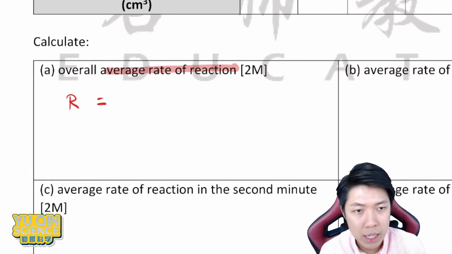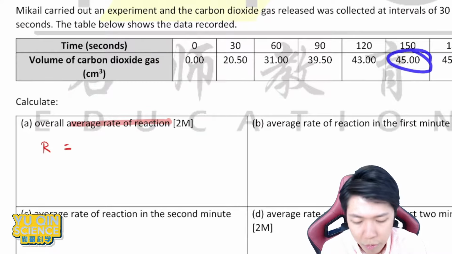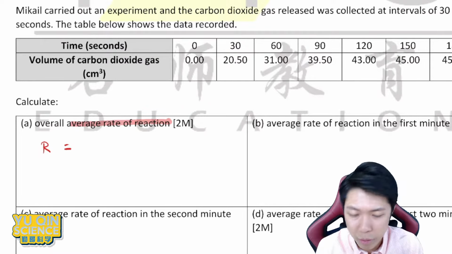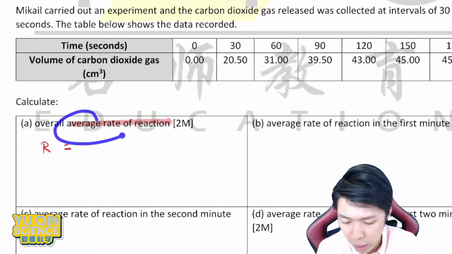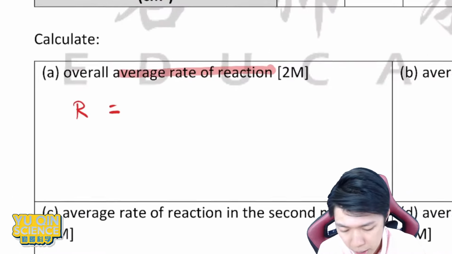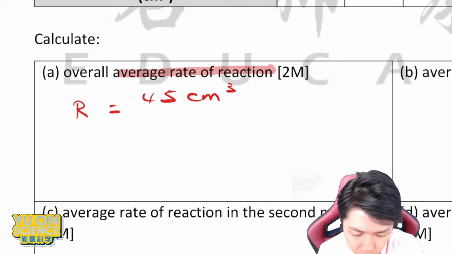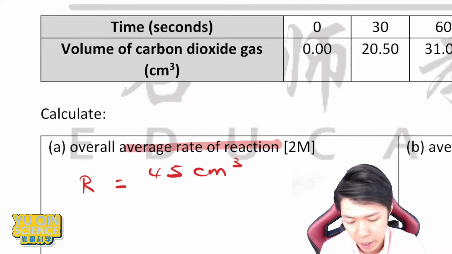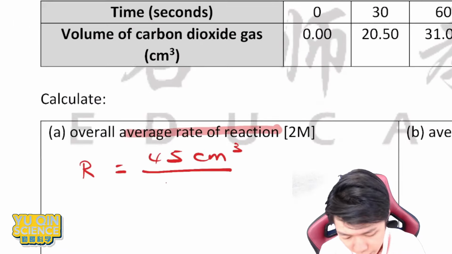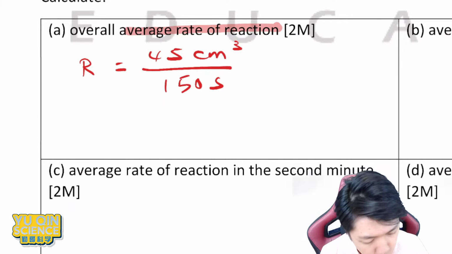For this case, I will just use the last one, which is 45 of the volume divided by the time. If you want to calculate overall average, usually we don't need to minus it. We just take the last one. So 45 cm cube in volume of gas over 150 seconds. Calculator will do the job.